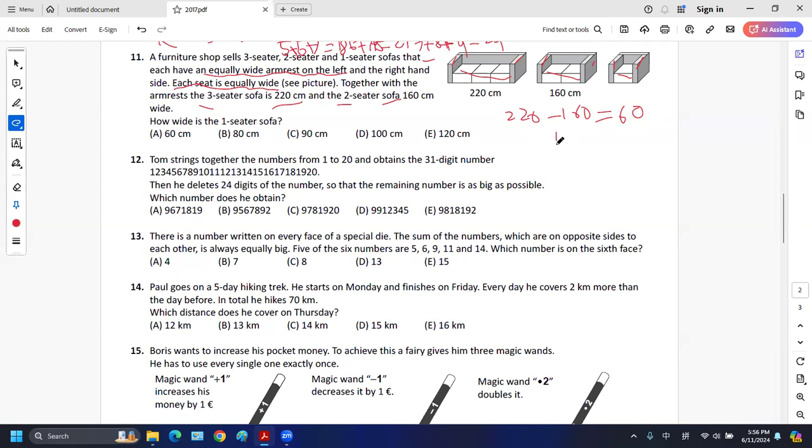So we just need to use 160 minus 60, which is 100. That is the 1-seater sofa because that would be the 2-seater sofa minus a seat. So that equals 100. So D is the answer.